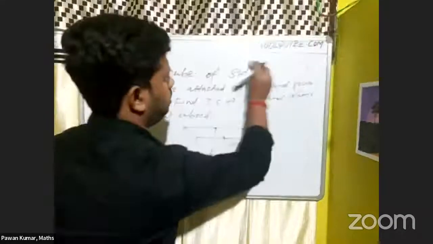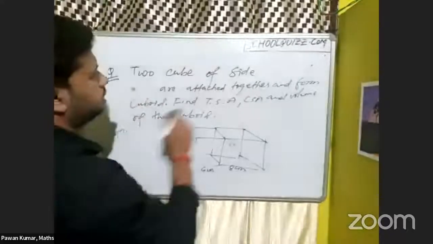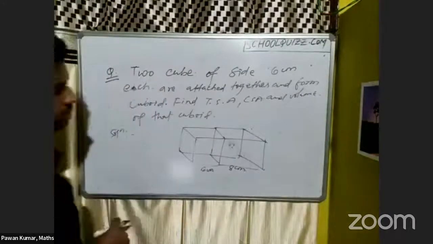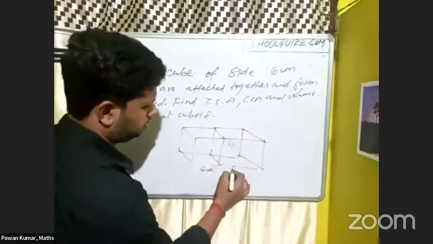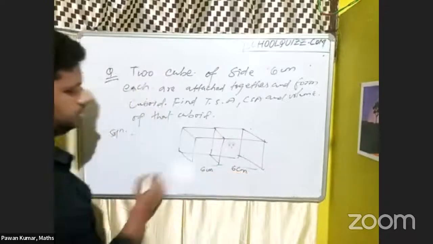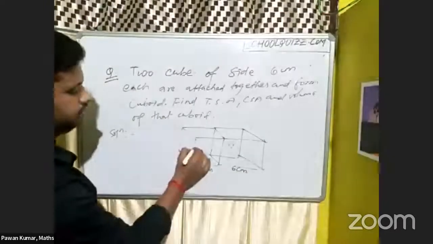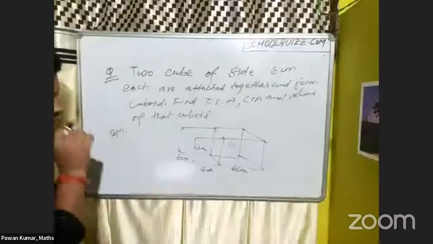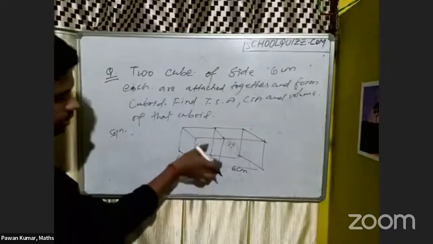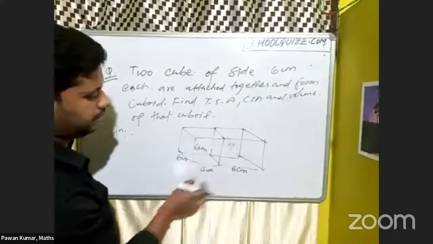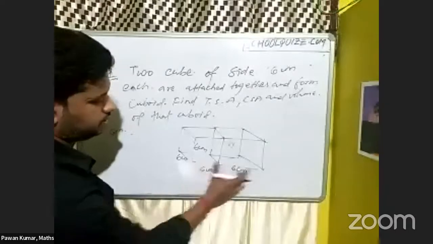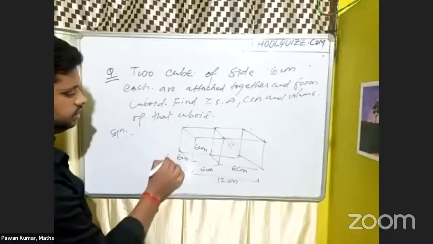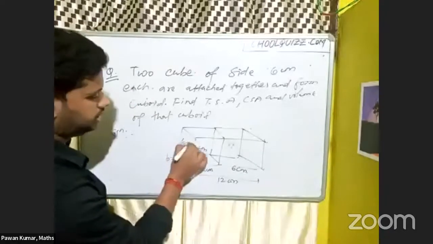Sorry. If I keep the cube of side 6 centimeter, then breadth will be 6 centimeter and height will be 6 centimeter, because they can't join exactly otherwise. That would be the problem for getting the correct answer. So the length is 6 centimeters; total length of this cuboid is 12 centimeter, breadth 6 centimeter and height 6 centimeters.